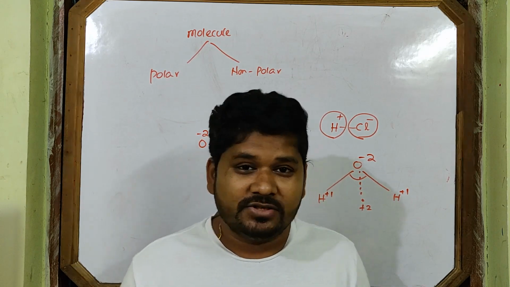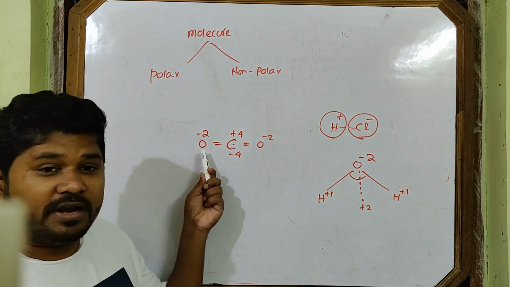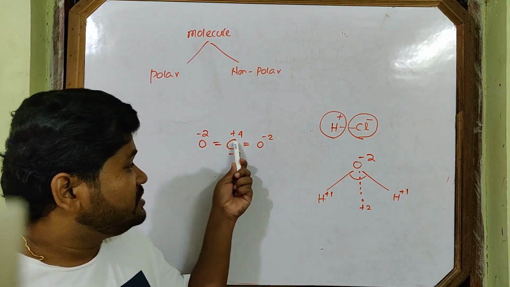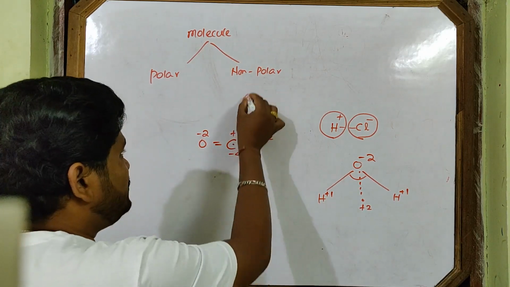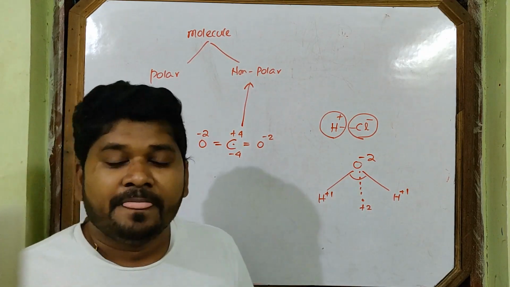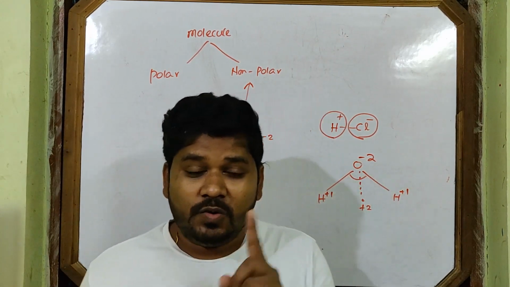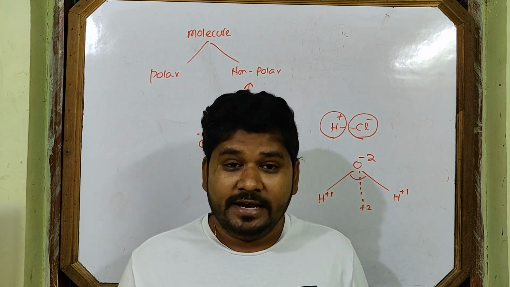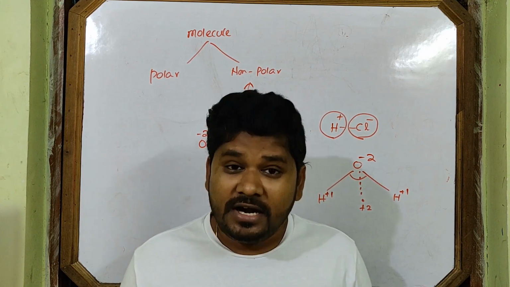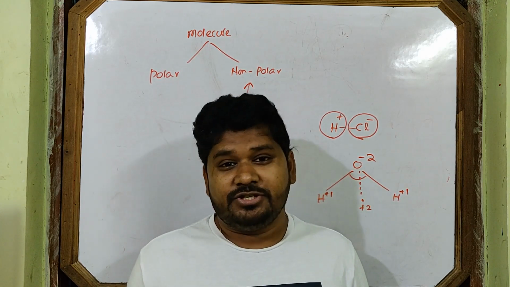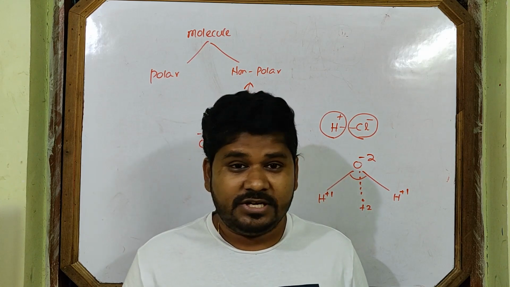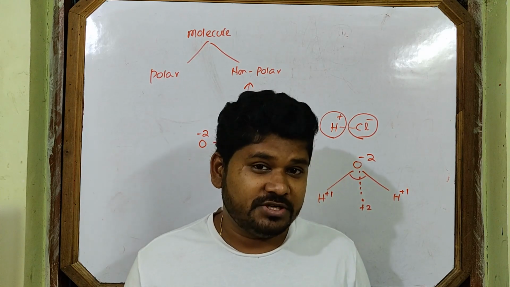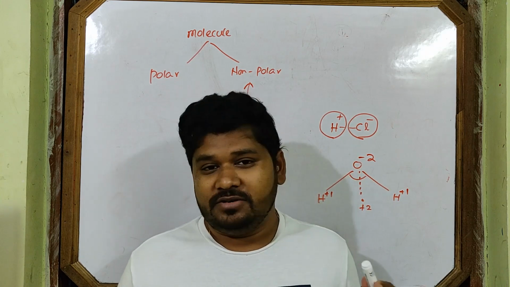No, it has no permanent dipole moment. So which type of molecule is it? It is a non-polar molecule. The molecule having no permanent dipole moment is called a non-polar molecule. Its positive center and negative center coincide with each other.